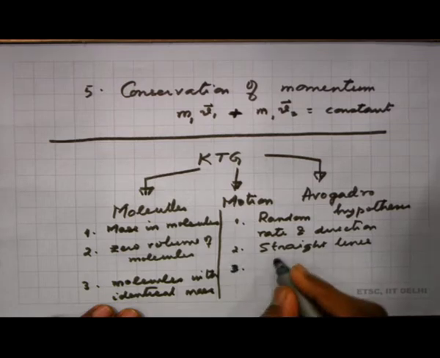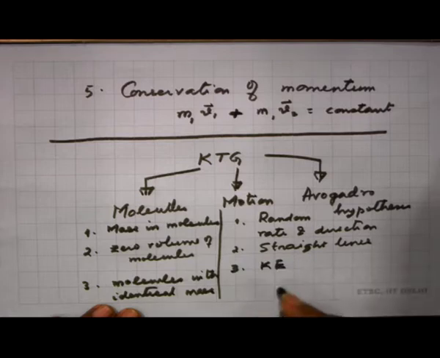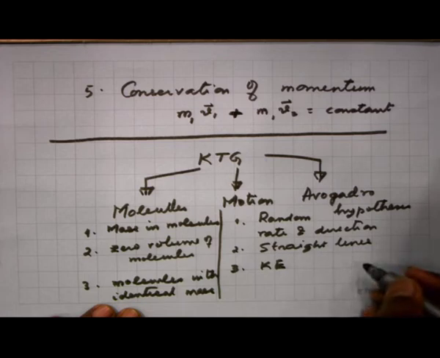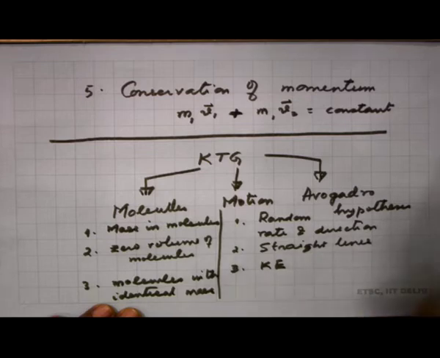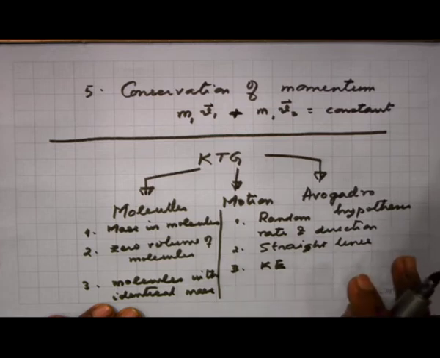The third thing is about the kinetic energy: it varies with time for a molecule, and all molecules in all gases have the same average kinetic energy at a particular temperature.